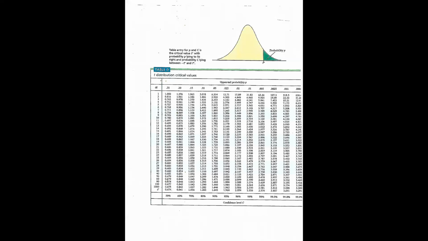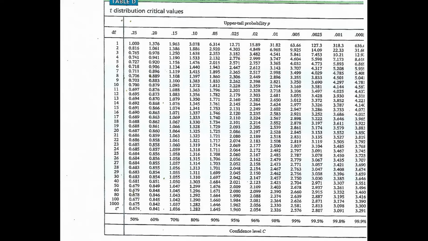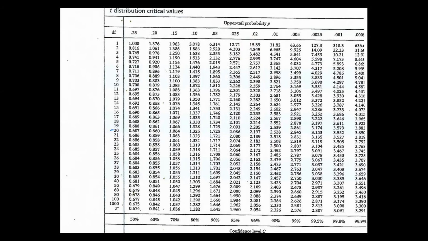Okay. Let's compare them together. The t-statistic is here. Our degree of freedom is what? 19. So you come to 19. Our 19, 0.05, right? That's the normal standard distribution.